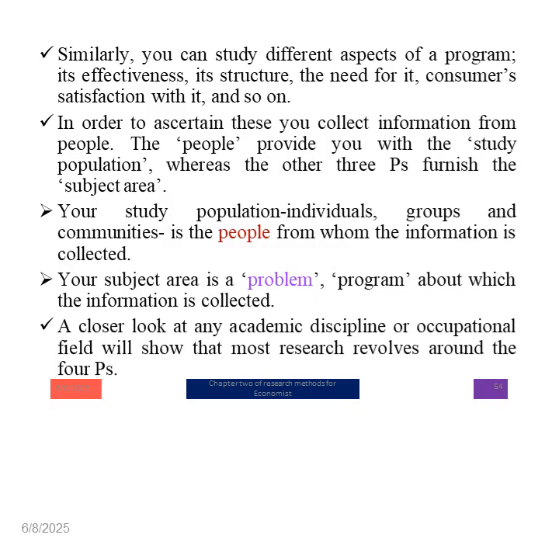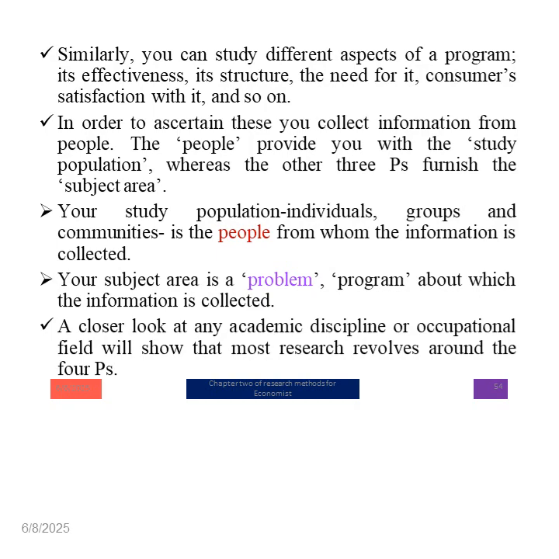Similarly, you can study different aspects of a program, its effectiveness, its structure, the need for it, consumer satisfaction with it, and the like. In order to ascertain this, you collect information from people.